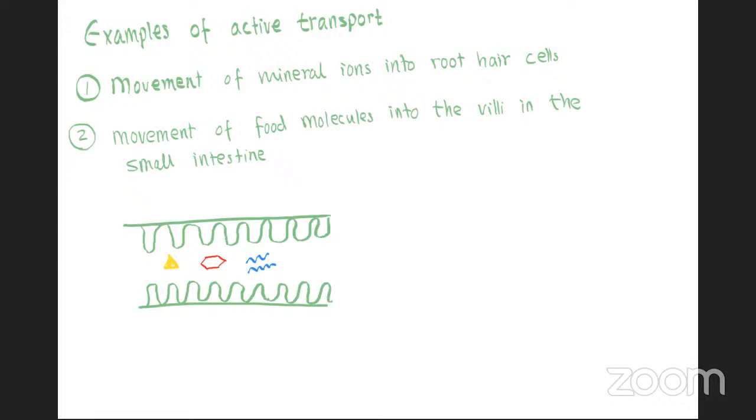The digestive food molecules get absorbed into the villi, and the absorption process is active transport. Food molecules get absorbed into the villi in the small intestine by the process known as active transport.